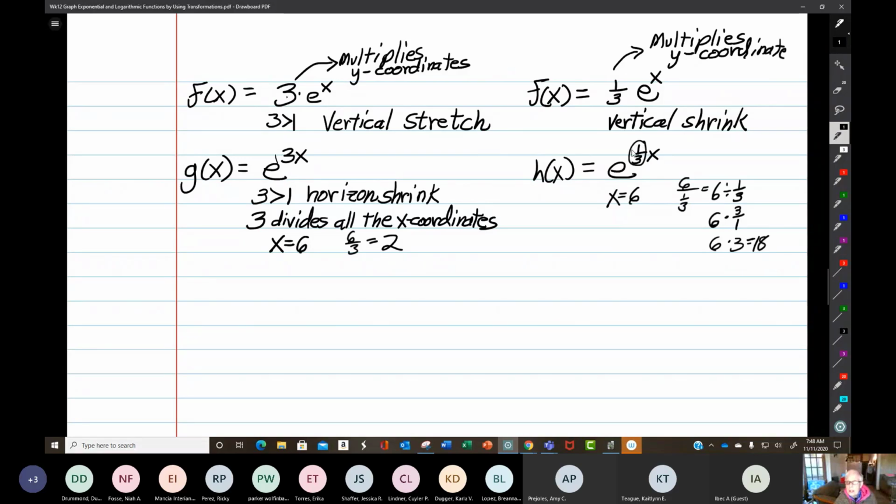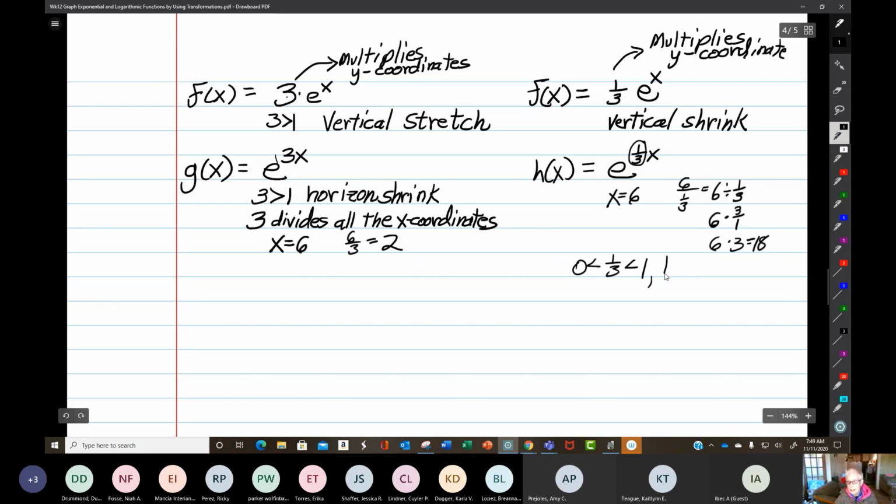So if the number in front is a fraction, like 1/3, between 1 and 0, then what you're dealing with is a horizontal stretch. Like an accordion, a stretch pulls it out, a shrink pushes it in. So you're going like this. 3 pushes it in, 1/3 pulls it out.